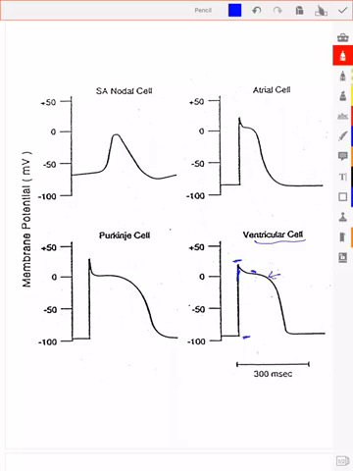We consider this to be the cell in the depolarized state. And the cell at minus 80 is in the resting state, and then this is the repolarization phase, where after about 200 or 300 milliseconds, the voltage comes back down to rest at about minus 80. So we're going from minus 80 to depolarized, about plus 10, and then repolarized back to minus 80. All right?